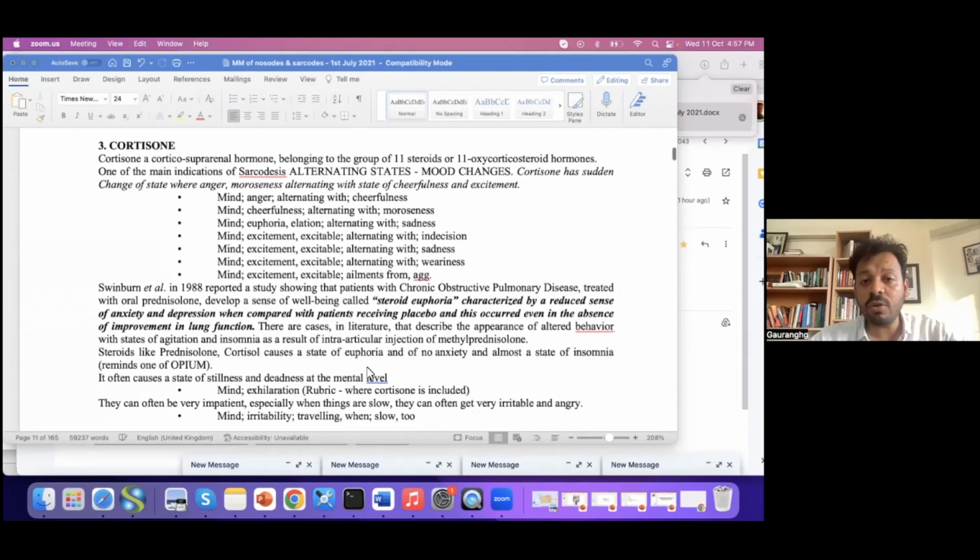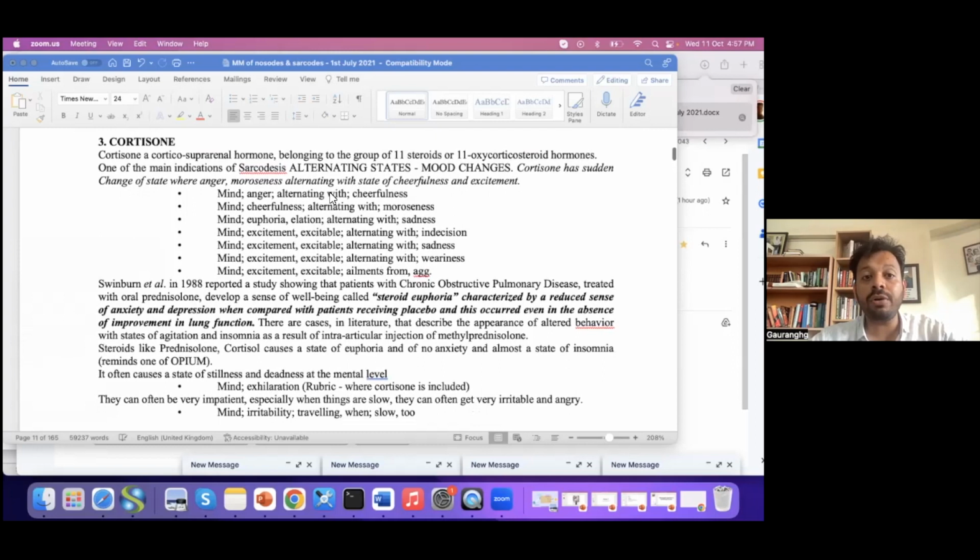Another remedy, we'll talk about this also in the conference, is cortisone. It's a remedy we use a lot here. Cortisone, as you know, is a corticosuprarenal hormone.